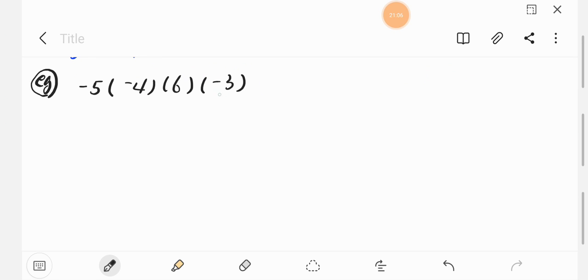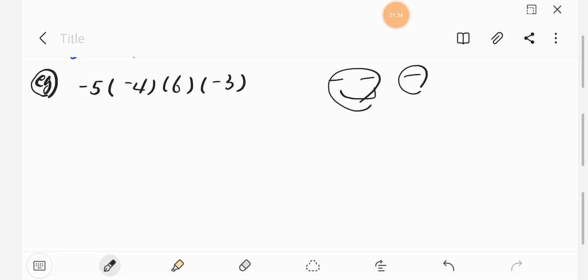This is all product, so the number of negatives is what? 3. Negative 5, negative 4, and negative 3. So there are 3 negative numbers, then the result is negative. Why? Because negative, negative, negative, 2 negatives make positive, so leftover is negative. So there is an odd number of negatives, then the result is negative.